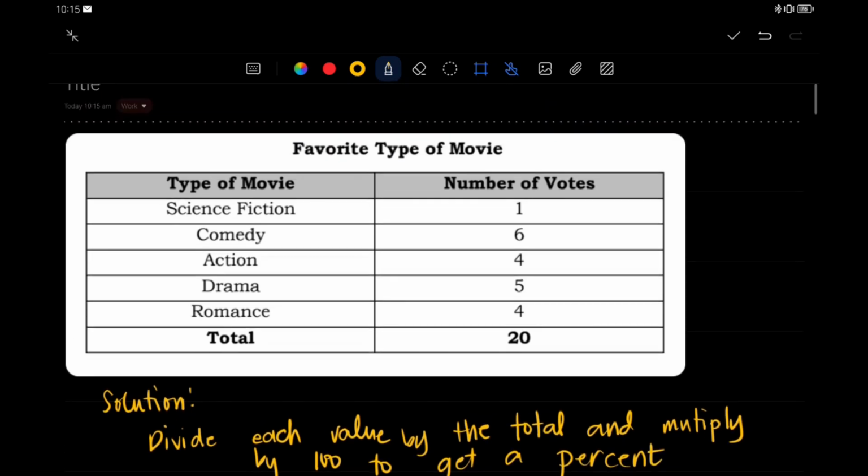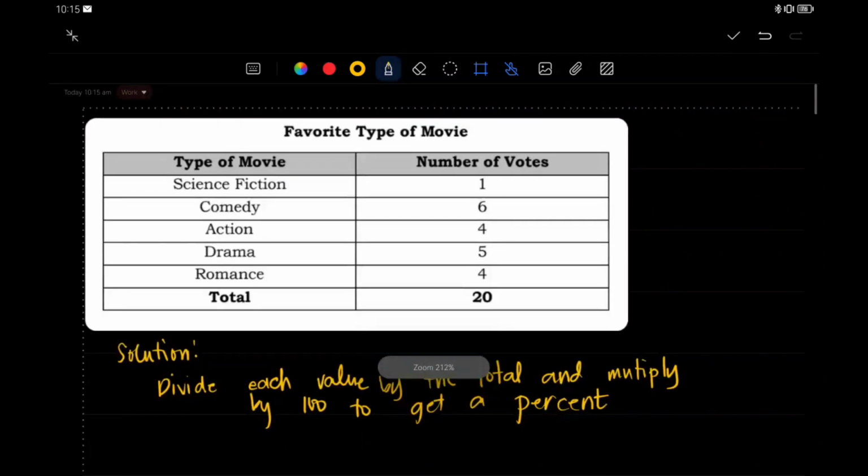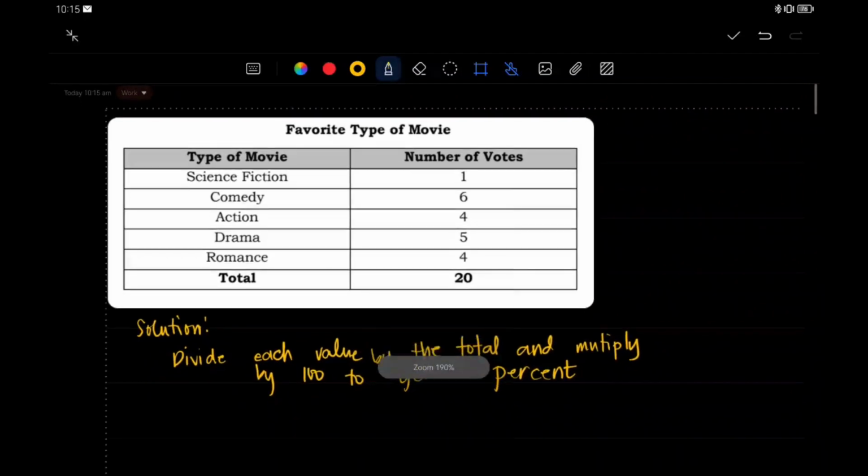Now we have here the favorite type of movie, so we can have here the percent of each vote.